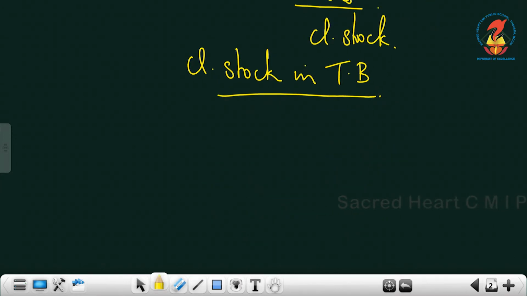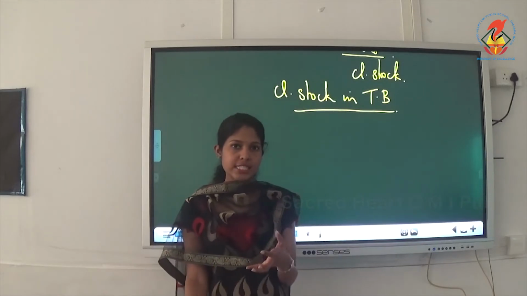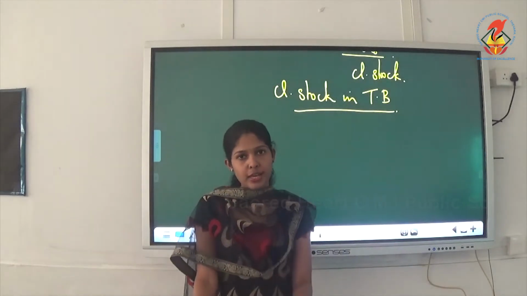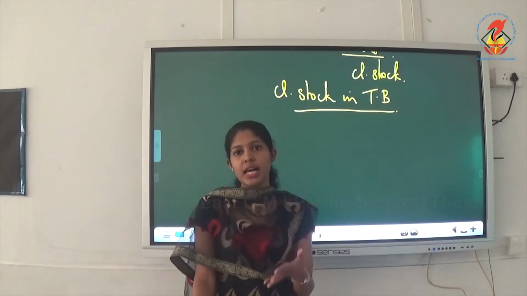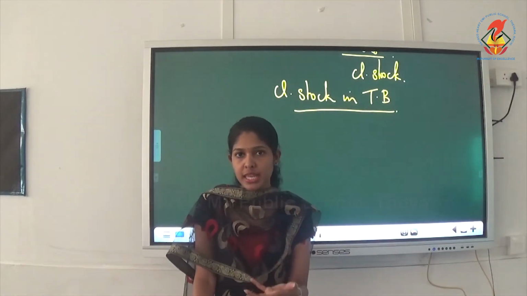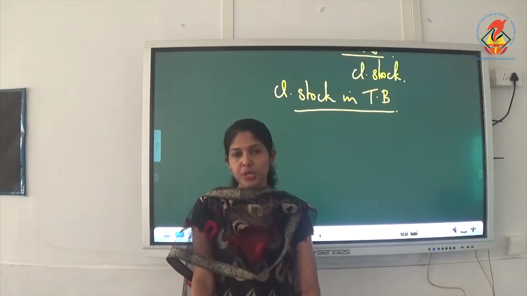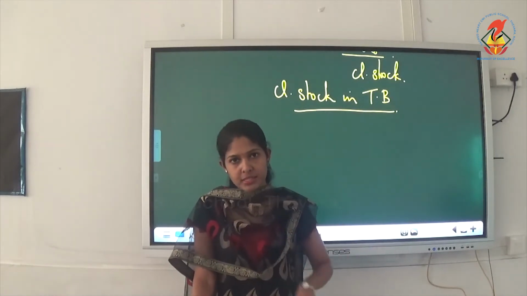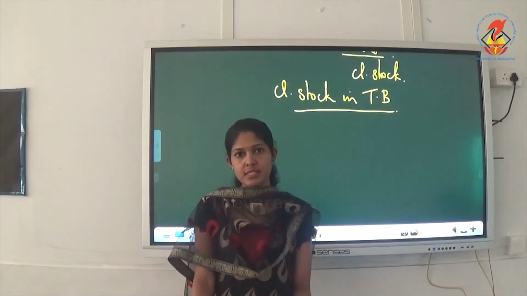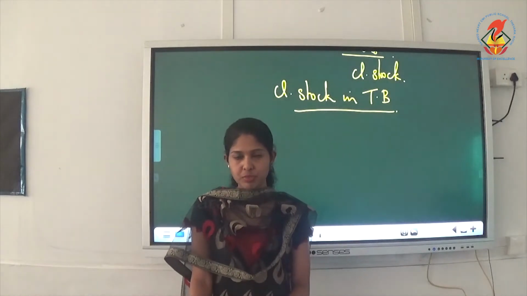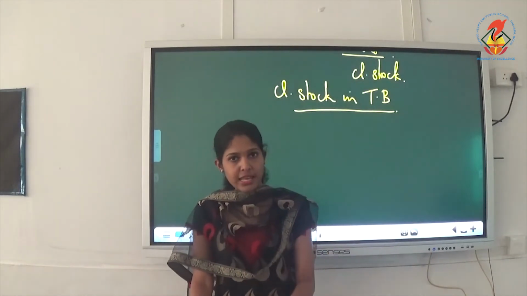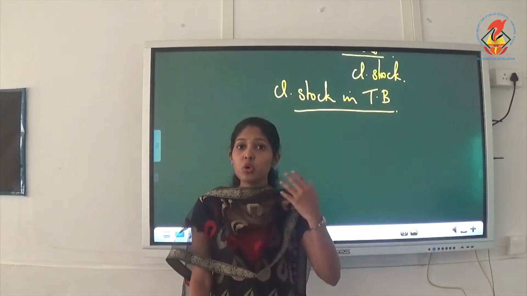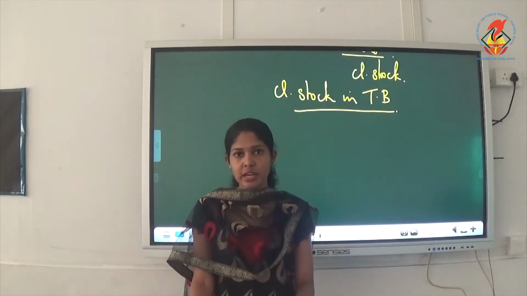Where will you record this? If you get an item inside the trial balance, what you have to do is look into the nature of the item. See what is the basic nature of that item. So here closing stock is basically an asset. It is a current asset. At least identify whether it is an asset, expense, liability or income, though you don't need to classify it as fixed assets and current assets.